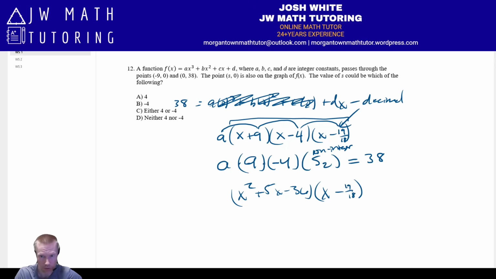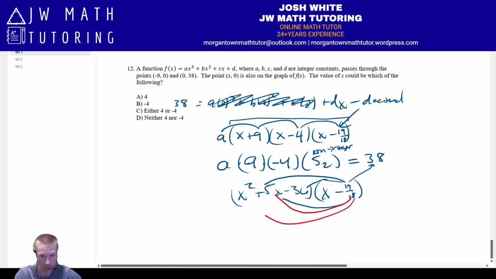Negative 19 over 18. The point is, now if you multiplied this out, this part would actually be fine. This part is what turns into the 38. But it's the other multiplications. It's this times this, and this times this, which are not going to give you integer coefficients.